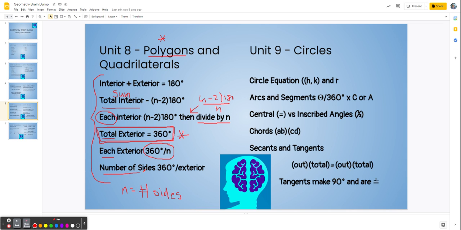So 360 divided by n equals the exterior angle.